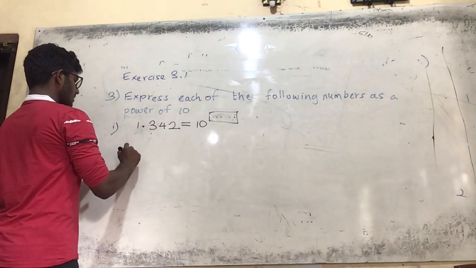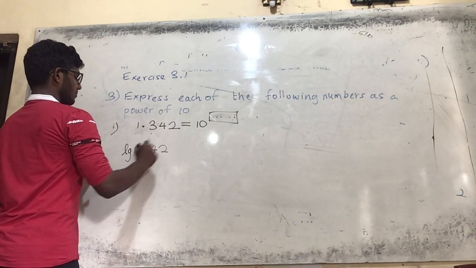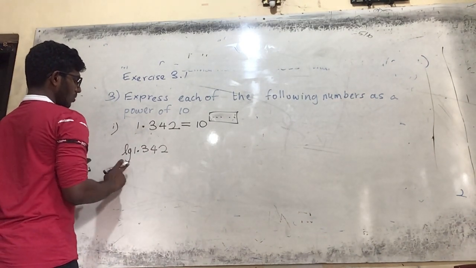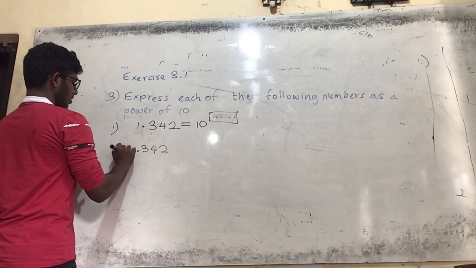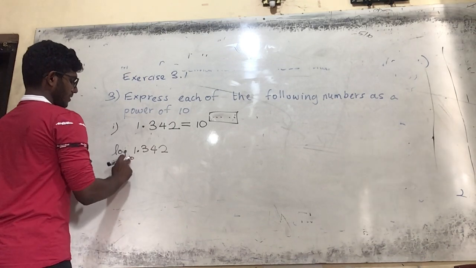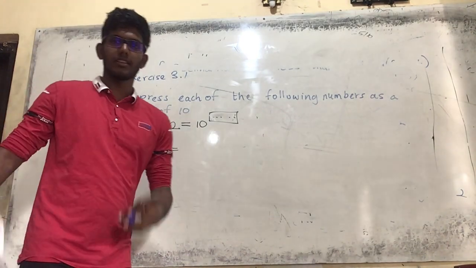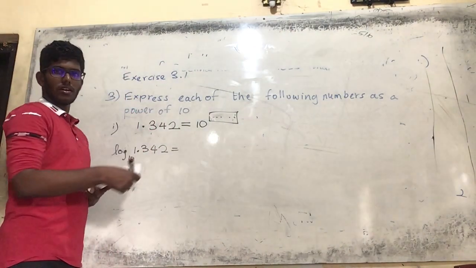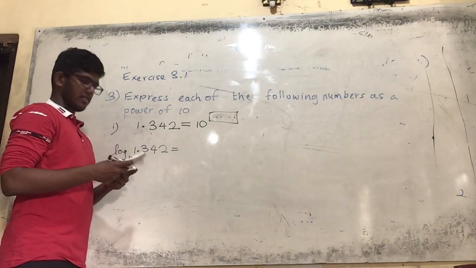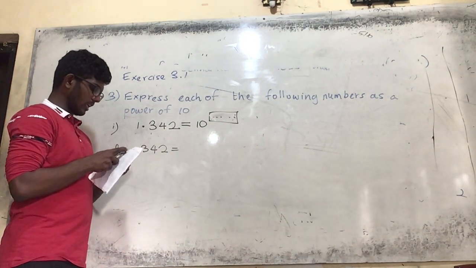So how are we going to do this? I am going to take the log value of 1.342. As you know, lg means log base 10 value. I have taught how to find the log value. From the first column you take 13, and in that row you go till 4.